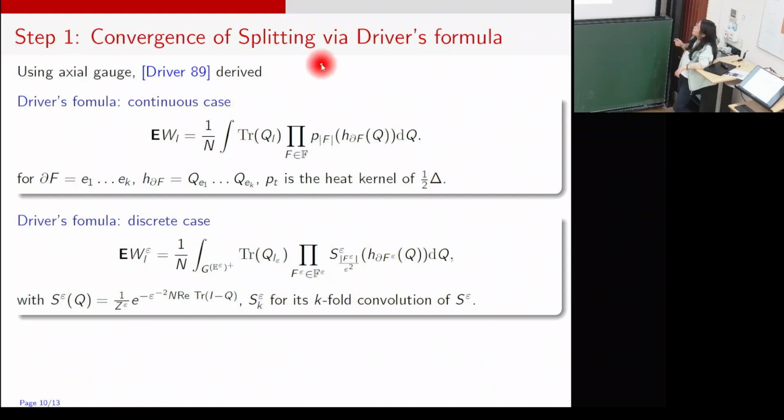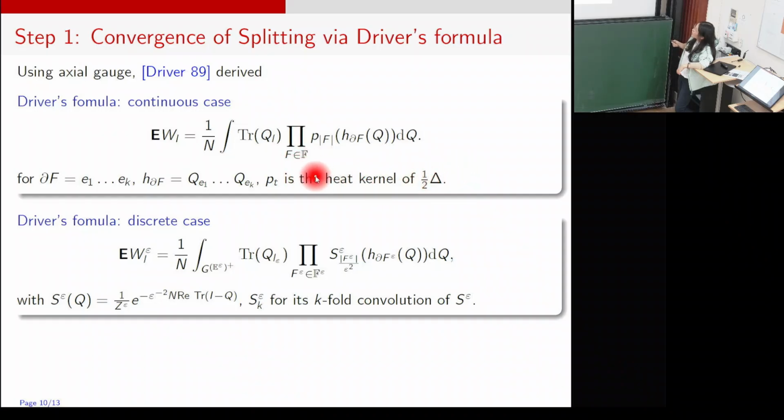As I just mentioned, recall using Driver's formula, at this axial gauge, Driver has derived that the expectation of this Wilson loop can be represented by the product of the heat kernel. So here, if we consider this is the Wilson loop, like the trace of this Q L, and we have an extra density part here. This density depends on the heat kernel of this Laplace operator.